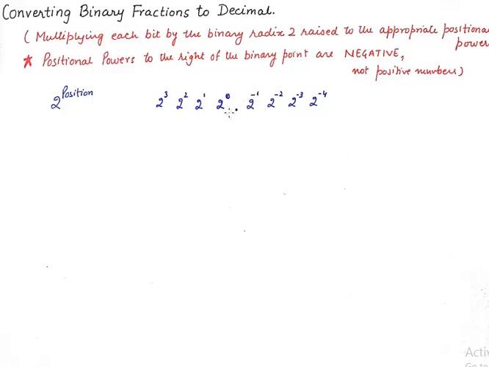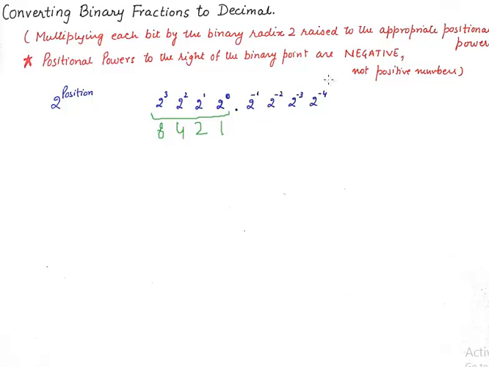So a normal binary number without a fraction has positional powers 2 raised to power 0, 2 raised to power 1, 2 raised to power 2, 2 raised to power 3, so that this becomes 1, 2, 4, 8, 16, and so on and so forth. And we do the multiplication of the bits by these numbers quickly and add them up to get the decimal number. So that is going to happen with the positions on the right side of the dot.